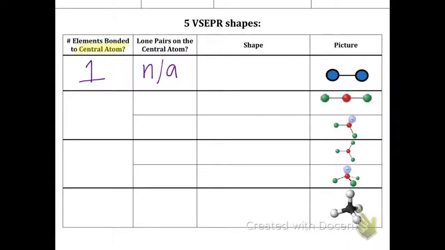That means the shape is called linear because it creates a line. So here, if you're just attached to 2 things, like here's one thing and here's the second thing, you can't help it, like math, 2 points create a line.